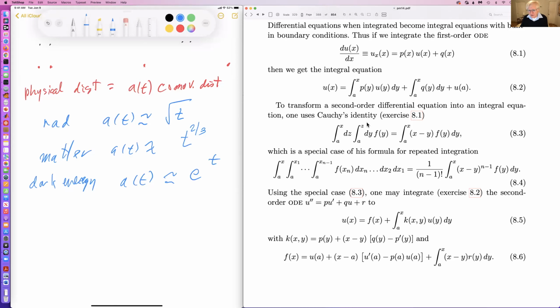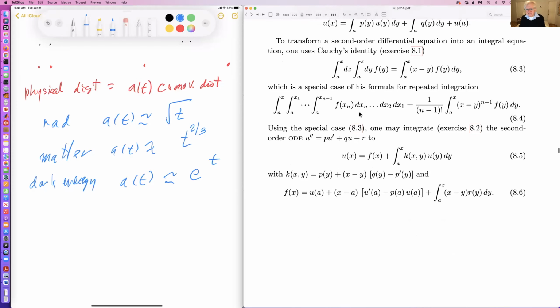Anyway, one of the things that Cauchy did was turn a second order, well, first of all, he invented this identity. So the integral of x minus y times f dy can be written as a double integral of f.